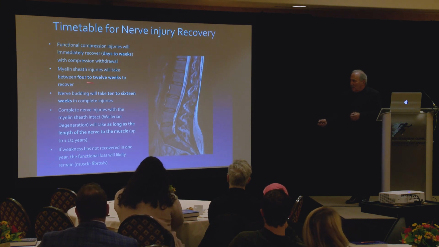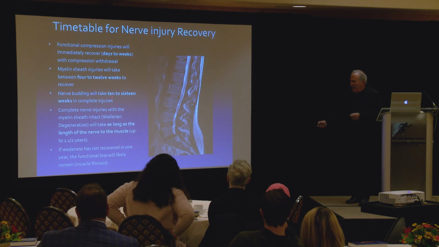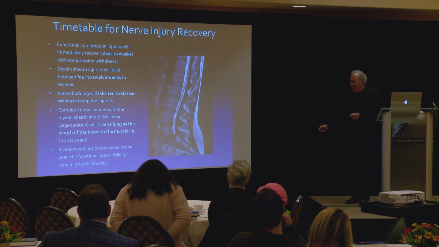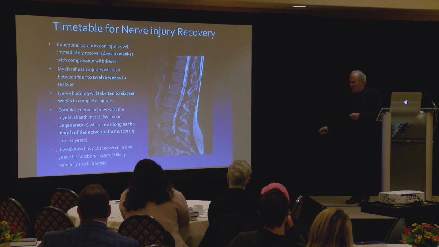Myelin sheath injuries take 4 to 12 weeks. Nerve budding takes 10 to 16 weeks. Complete nerve injuries take as long as the length of the nerve to the muscle. This is with Wallerian degeneration. If the weakness has not recovered in a year, the functional loss will probably be permanent.